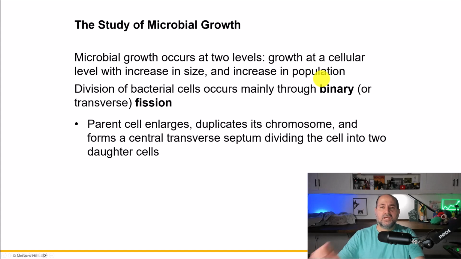So for instance, 1 E. coli could divide to give you 2 E. coli. And do you remember that division of bacterial cells occurs mainly through a process known as binary fission? And remember, that this is a form of asexual reproduction, where a single cell, like E. coli, divides by binary fission into 2 E. coli.